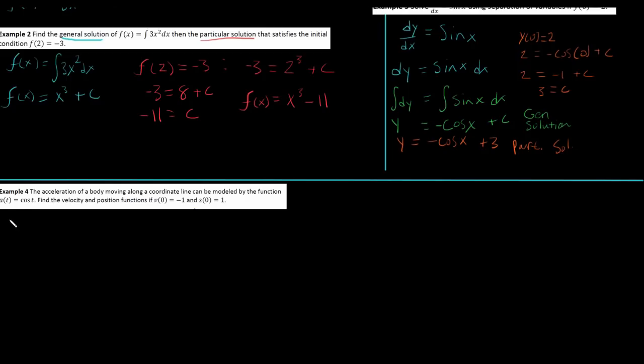So if we take that backwards, velocity is the antiderivative of acceleration, or the indefinite integral of acceleration. We can think of those as sort of the same thing. So we know that a of t is cosine of t, so we'll plug that in.